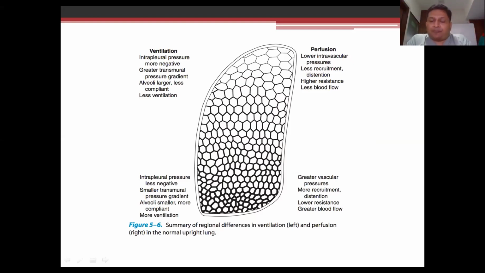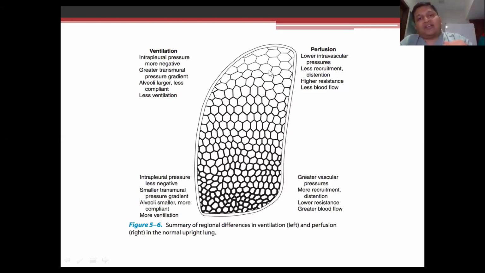So here the pulling on the alveoli is not such. In the upper part, the intrapleural pressure is more negative due to the stretching by gravity, so there is a greater transpleural pressure. So alveoli are larger, but the larger alveoli are less compliant. The upper part has already distended, so they cannot expand more. So the ventilation in and out of the air is not happening much in the upper part.